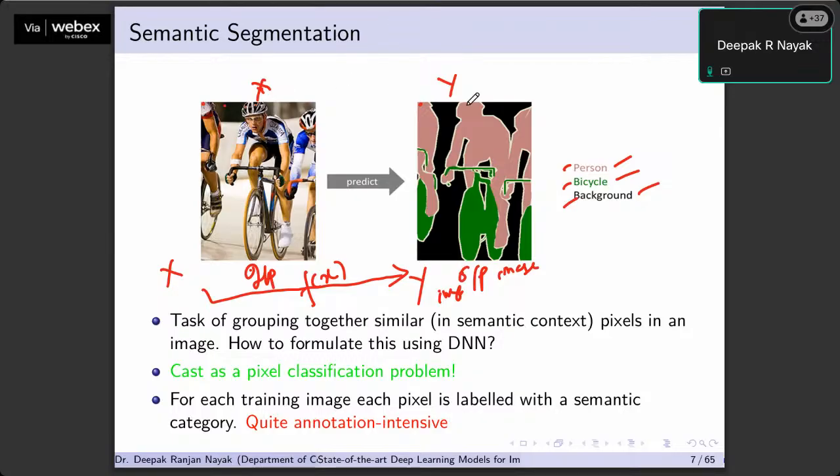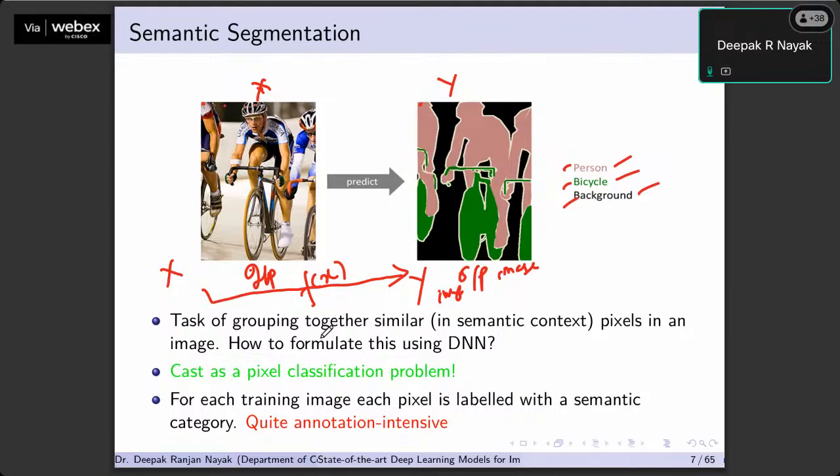We need pixel level annotations. For every image, we need this kind of mask, and only then can we think of designing a model f of x which can map from x to y.